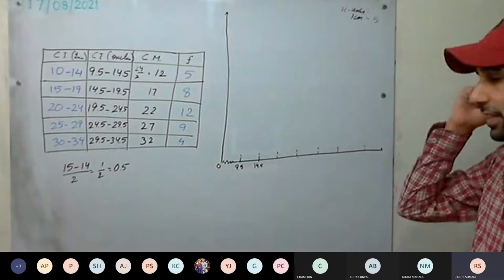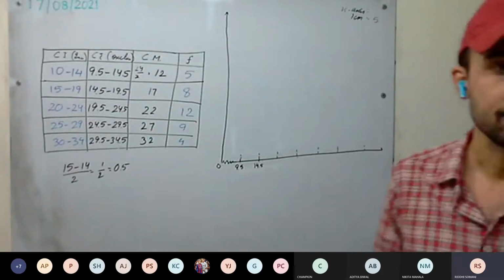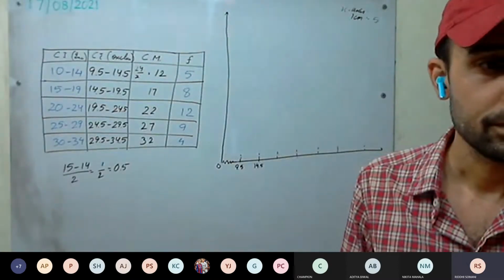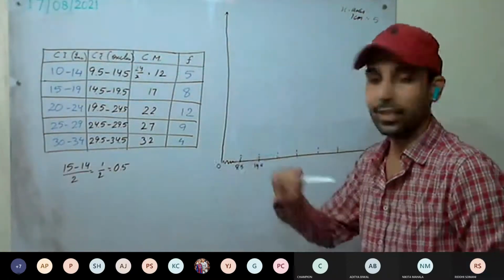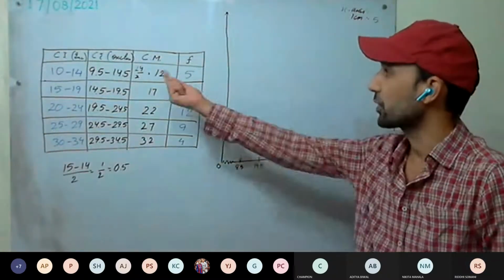Sir, you haven't drawn any unit before 9.5. Yes, I haven't drawn. We need one more, since it is a frequency polygon.